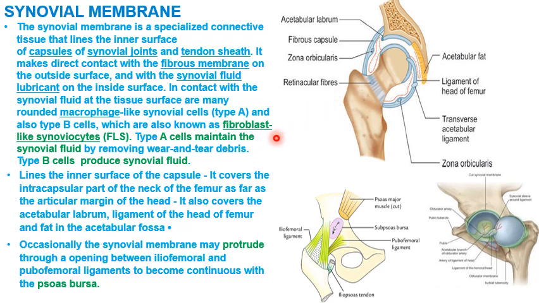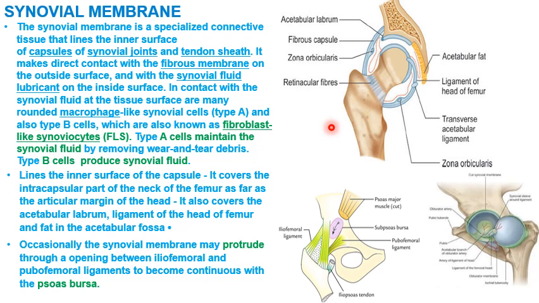The type A cells maintain the synovial fluid, and type B cells produce the synovial fluid. And this synovial membrane lines all parts within the joint except the articular surfaces.